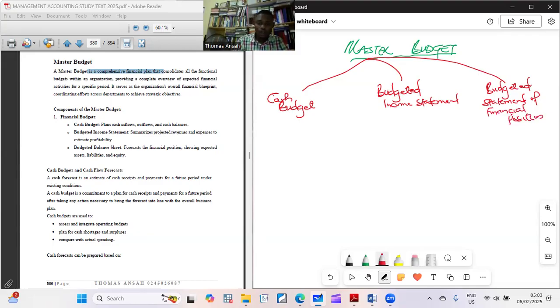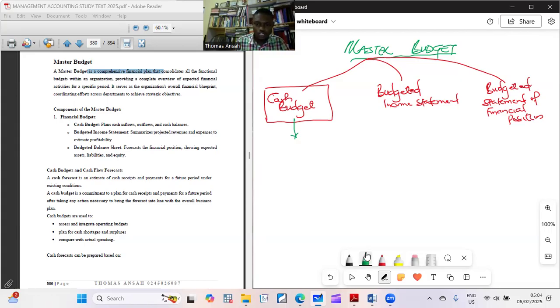Now, my focus will be on the cash budget. So what is the cash budget all about? We want to know how much we will be spending and how much we will be receiving in terms of the sales. But the focus is that it should be cash flow, so non-cash flows are excluded.